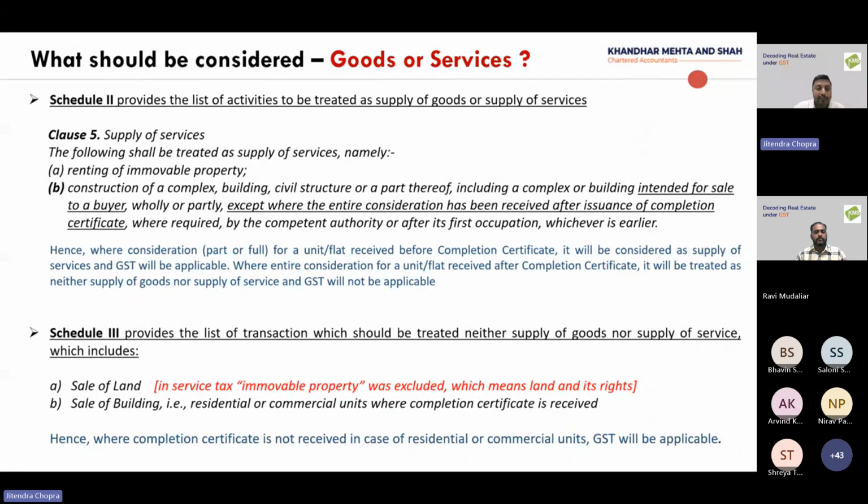So if the transaction is in the nature of under construction property, GST comes into the picture. But where it is pure sale of land or completed property after completion, the transaction normally goes outside GST. So in real estate, taxability does not depend only on the agreement. It largely depends on the nature of the transaction, stage of construction, and timing of consideration or collection from the customer. This distinction becomes very important throughout this session, especially while discussing JDA, redevelopment, and plotting projects.